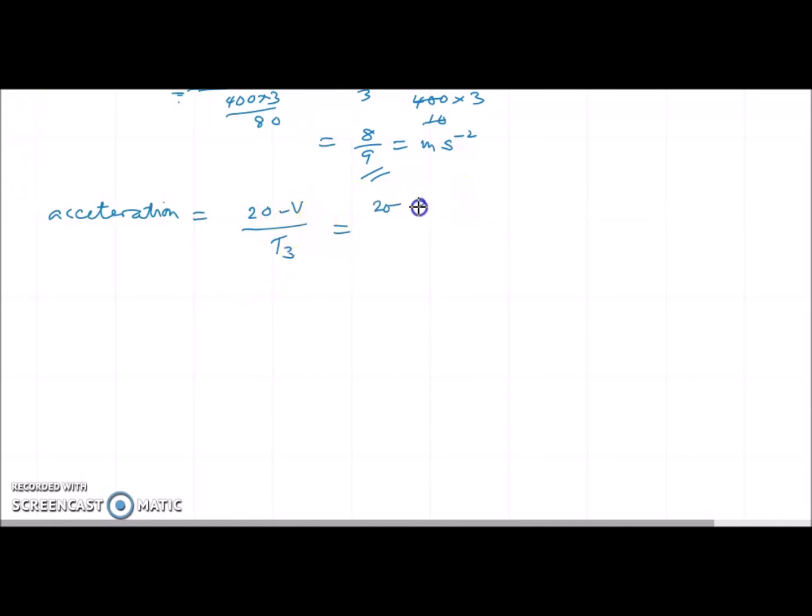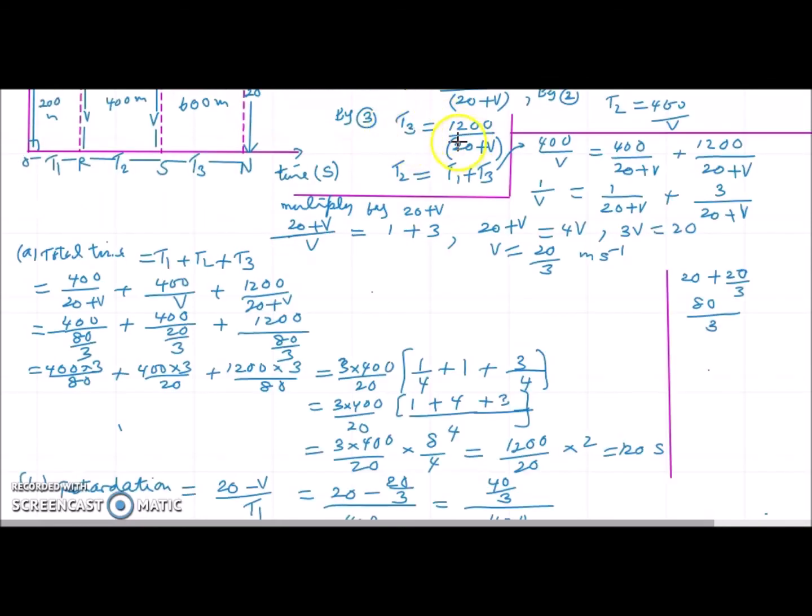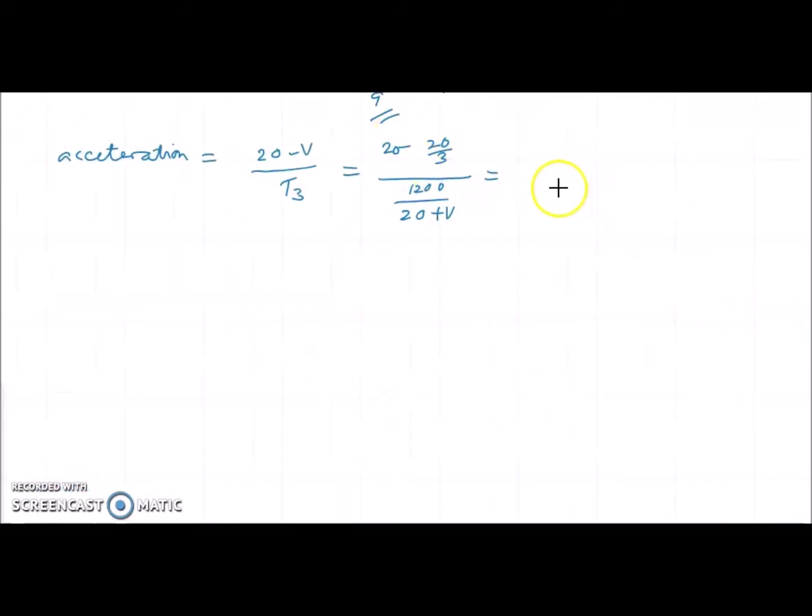v is 20 by 3. So the numerator is 20 minus 20 by 3. What is t3? t3 is 1200 by 20 plus v. Now what is in the numerator? 60 minus 20 is 40, so 40 divided by 3.